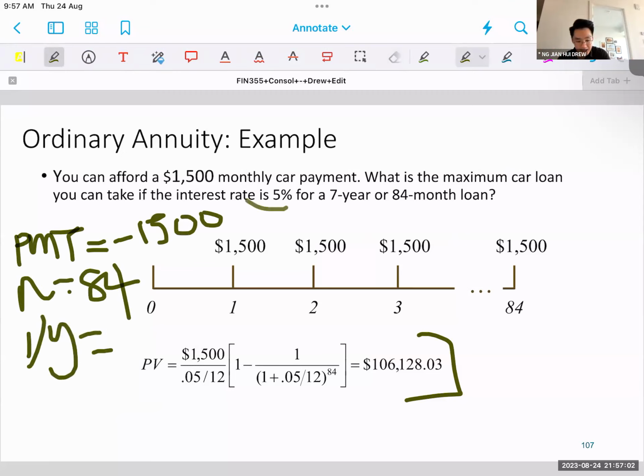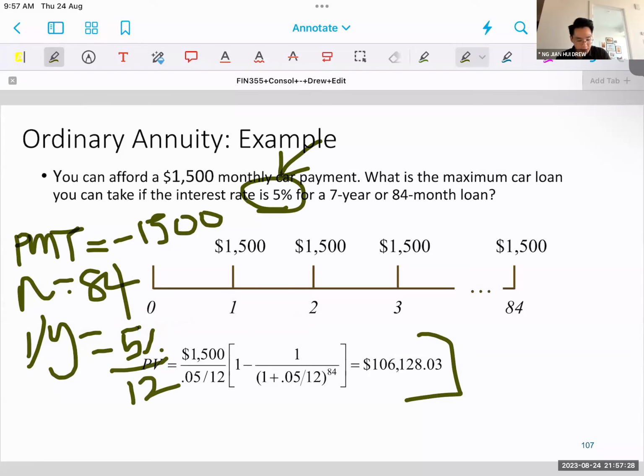so this 5%, take note that this 5% is your nominal, right? So you need to calculate your periodic rate. So it's 5% divided by 12. I hope everyone knows this. So this is where we went back to the rates, right? It's important that you need to know what's nominal and periodic. So you need to divide by 12. What else do we need?